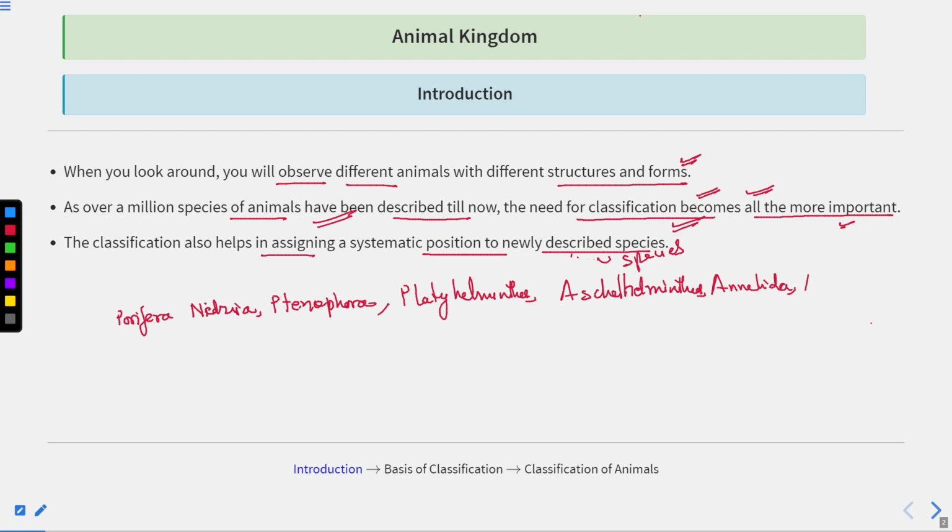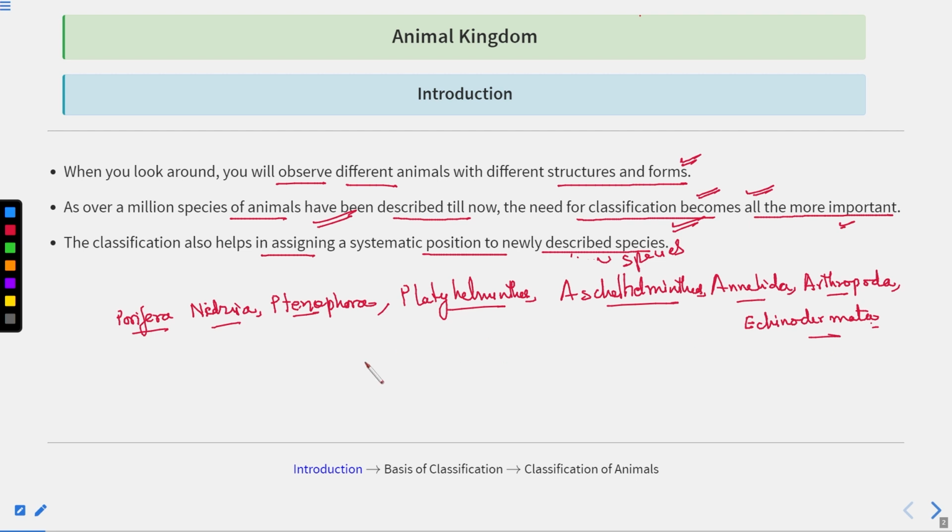Then Arthropoda, then Echinodermata. So these are the names of the phyla.